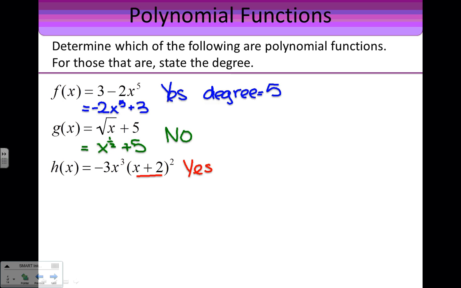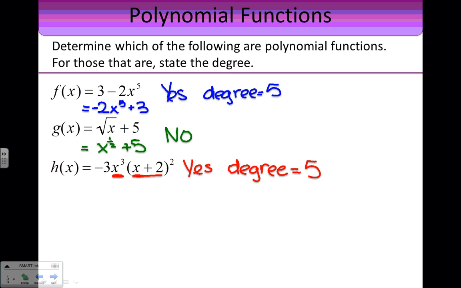So we're going to be multiplying an x squared term times an x cubed term. What do we do with exponents when we multiply like bases? We add their exponents. So since I'm multiplying an x cubed term times an x squared term, I take 3 plus 2, which is 5. So I know if I were to multiply this out and put it into standard form, I would get a degree of 5.